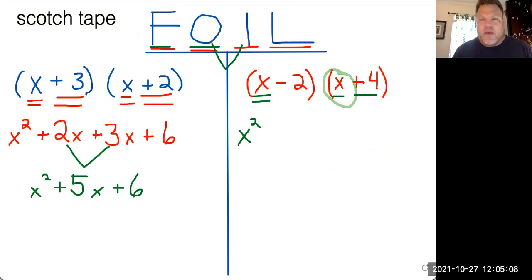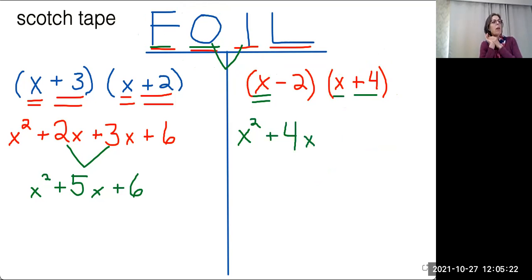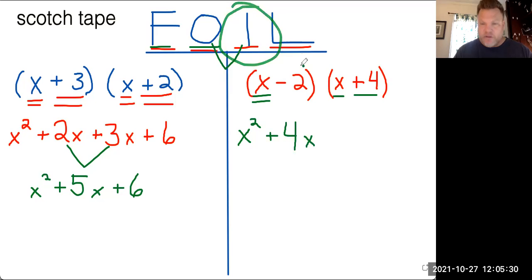Okay. And then we do the outside ones for O, which is this one and this one. And we just scotch tape them together. So it becomes positive 4x. The inside ones are this and this.